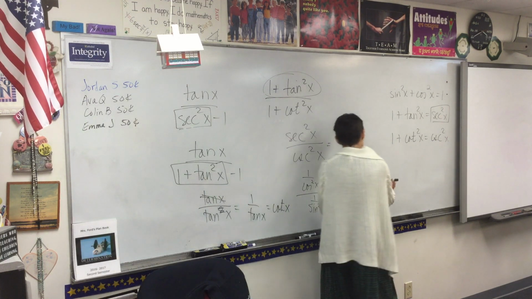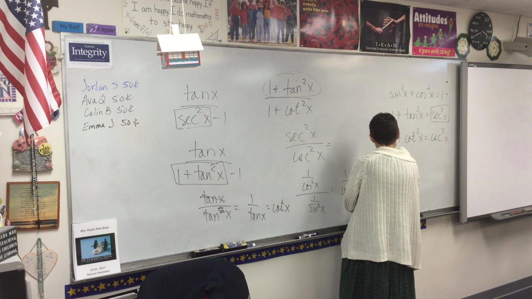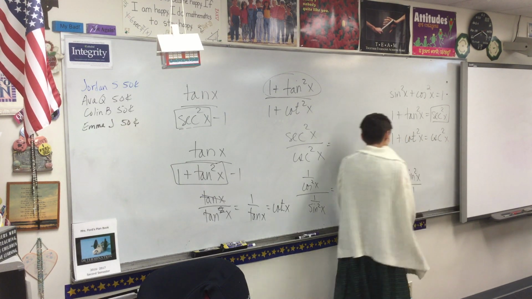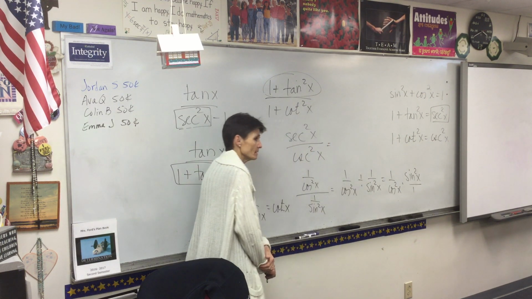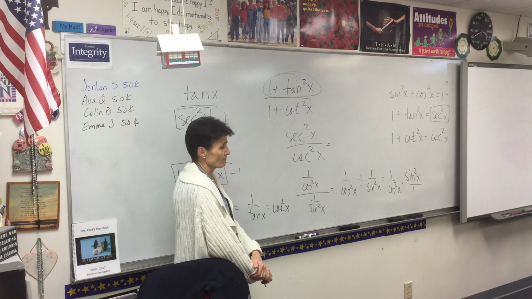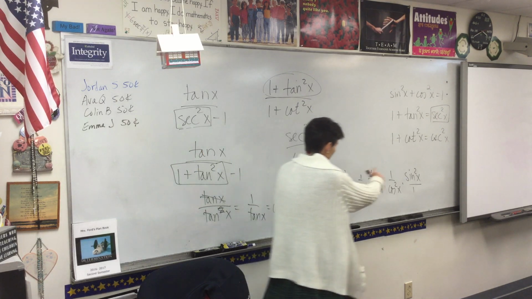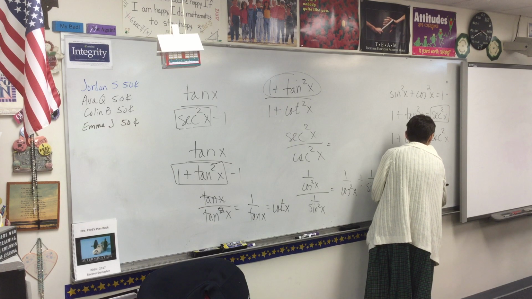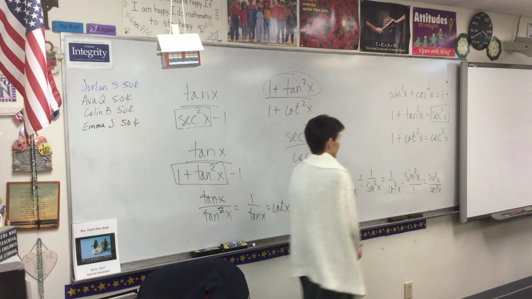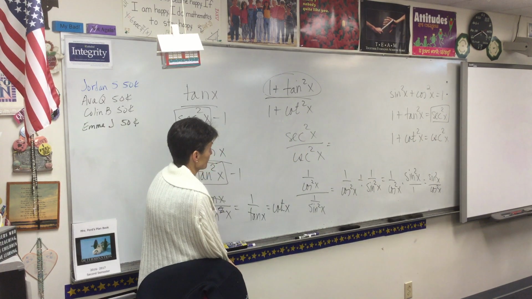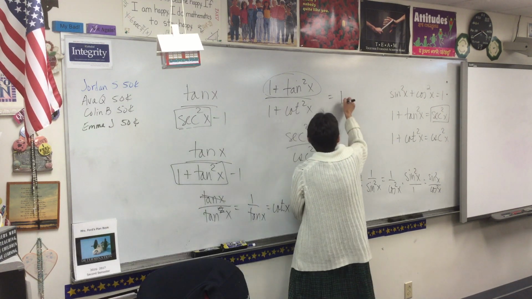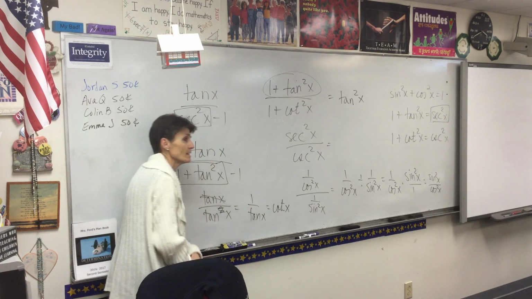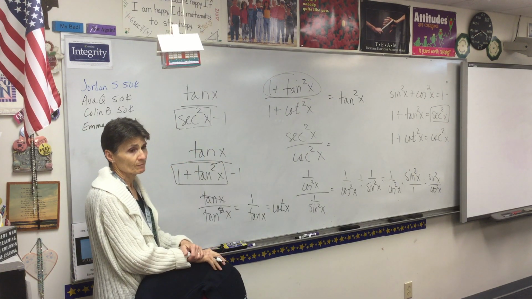Multiply by the reciprocal. So that's 1 over cosine squared times sine squared over 1. Now nothing cancels, but when I multiply those, I get sine squared over cosine squared, which is tangent squared. So the simplification, the final answer, is tangent squared.